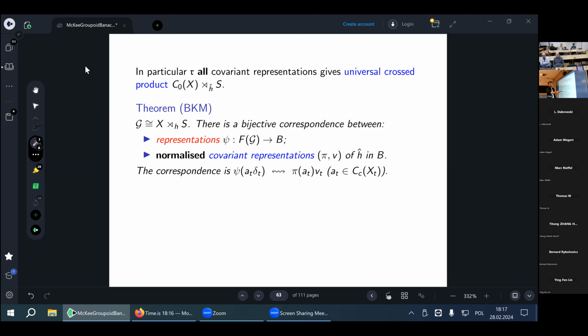The correspondence is like this. So this delta t is like a placeholder, like a characteristic function of the point t or something. It tells us that we're in the fiber of t.